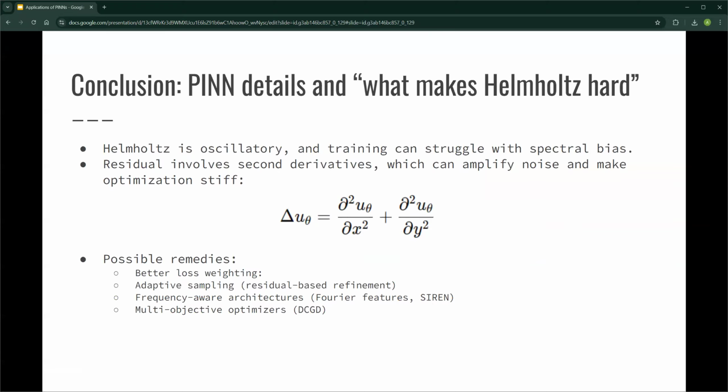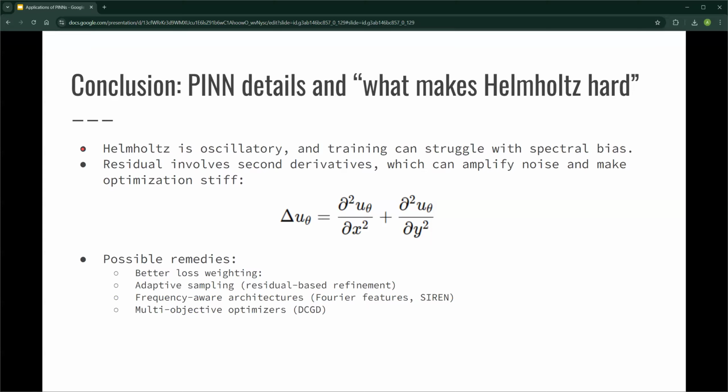And then I'll conclude with the general PINN details and why this Helmholtz PDE is so difficult. Like I mentioned before, the Helmholtz equation can produce highly oscillatory solutions, and neural networks often learn low-frequency components earlier than high-frequency components, sometimes referred to as spectral bias.